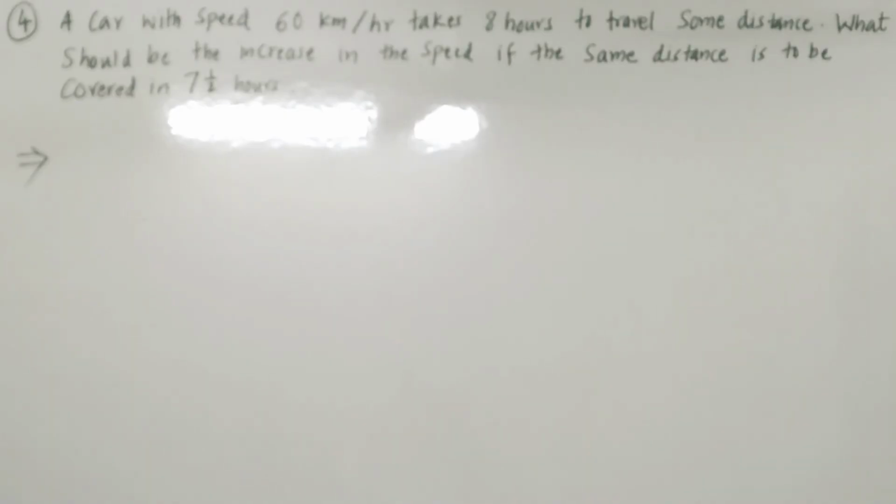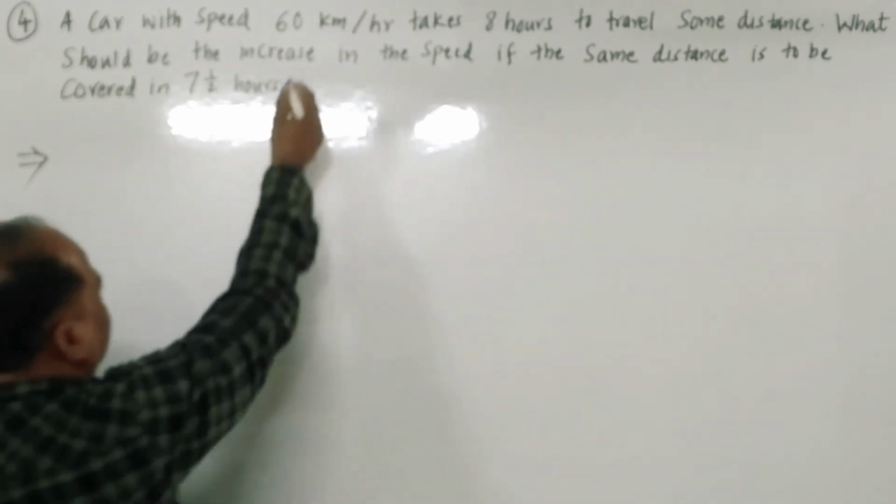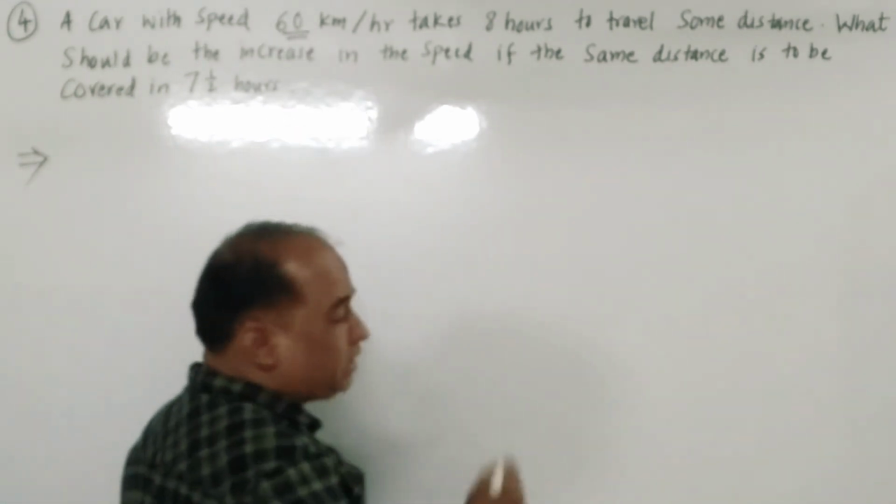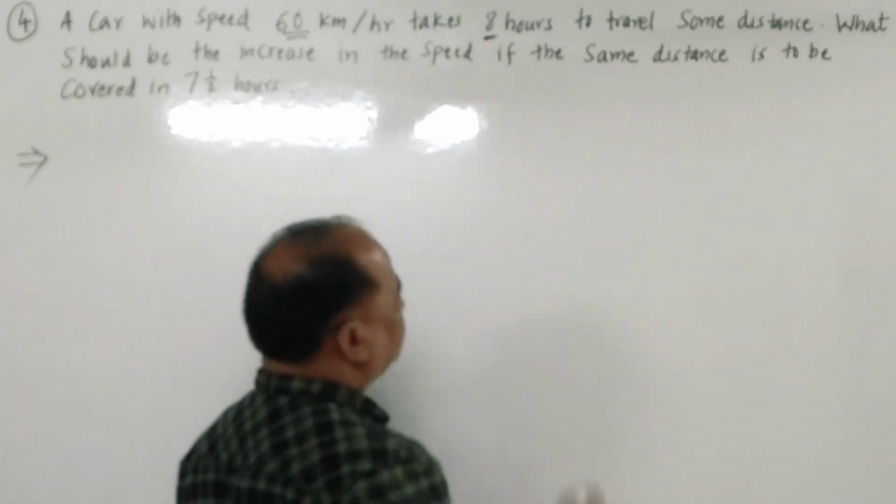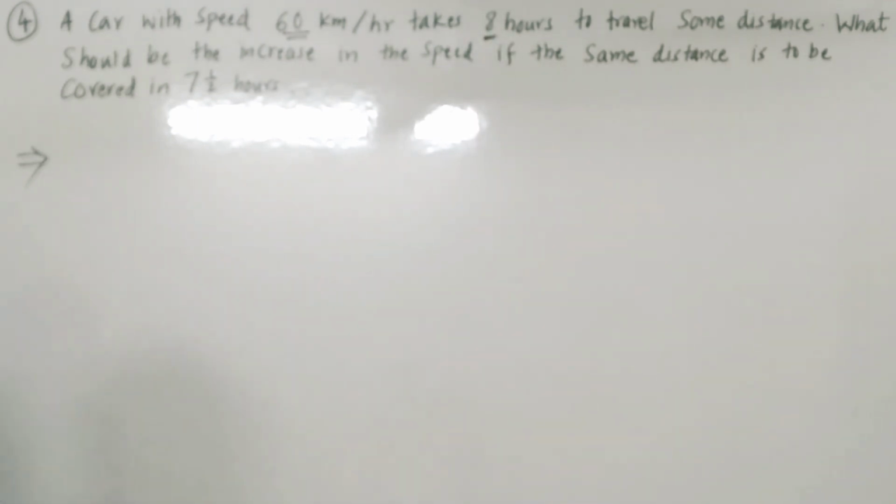Fourth example. A car with a speed of 60 km per hour takes 8 hours to travel some distance. What should be the increase in the speed if the same distance is to be covered in 7.5 hours?